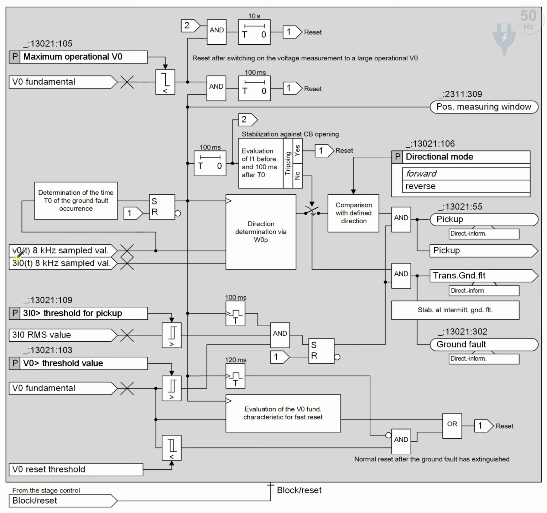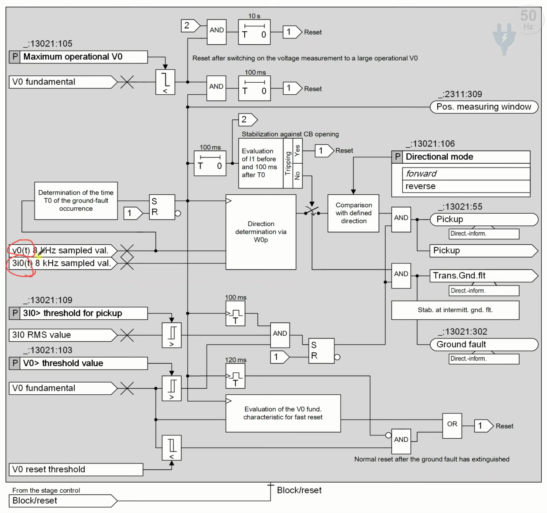Without the fault happening, the relay continuously takes V0(t), which means the instantaneous values of zero sequence voltage and instantaneous values of zero sequence current, from the CT and from the PT.